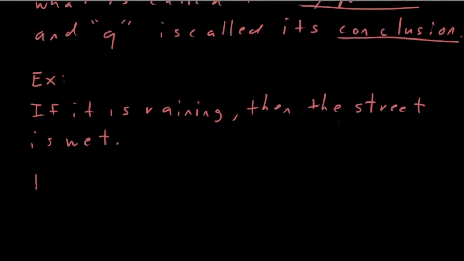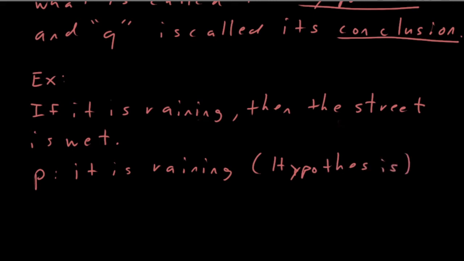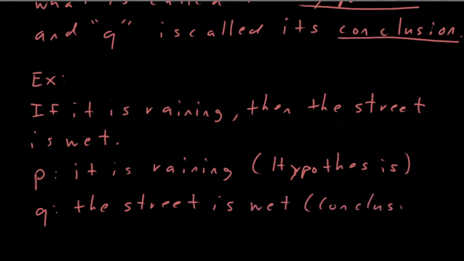So P would be the statement, it is raining, because that's the hypothesis. And this is what's known as the hypothesis of that statement. And then Q would be the statement, the street is wet. And this is what's known as the conclusion of the statement.